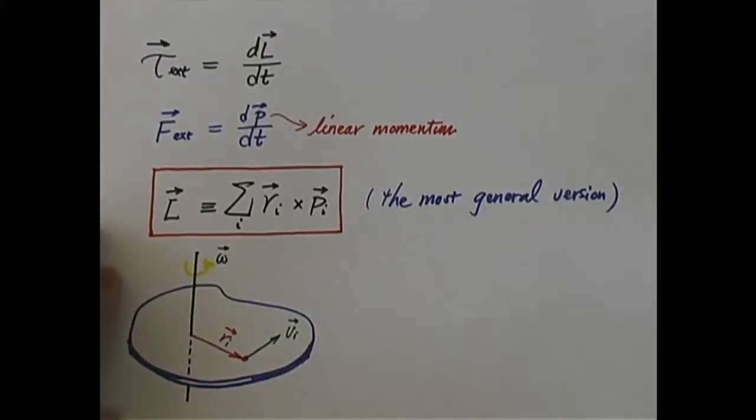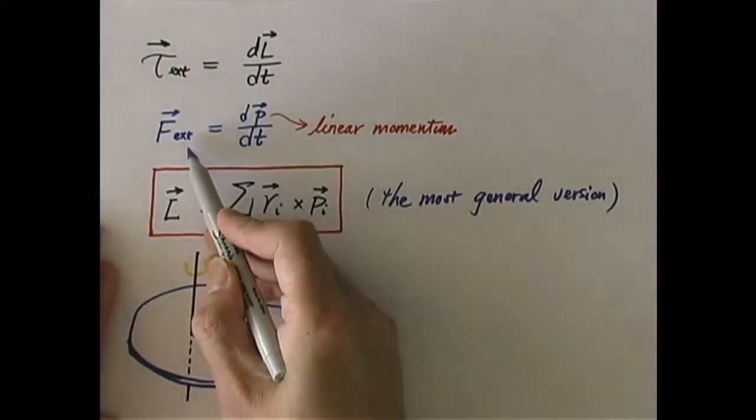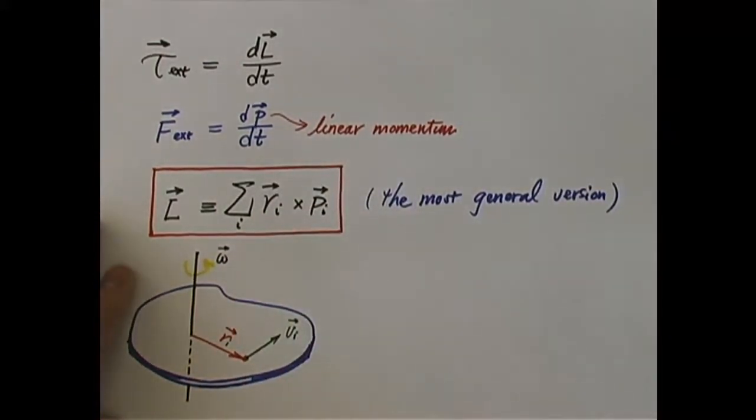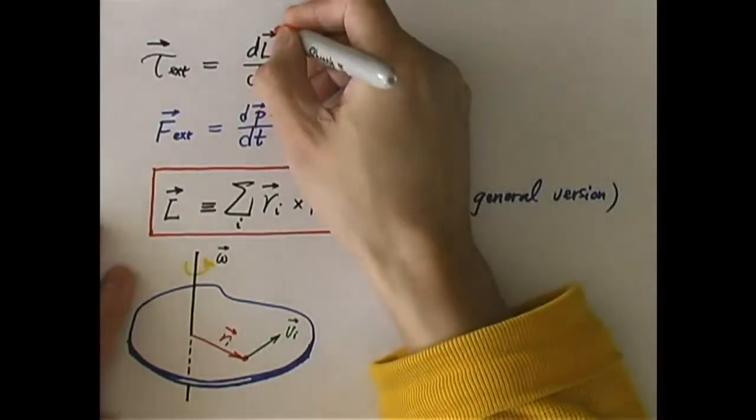External torque equals the rate of change of L, which is called angular momentum. This is totally analogous with the translational case, which says that external force equals the rate of change of linear momentum. So, by analogy, we should call this angular momentum.